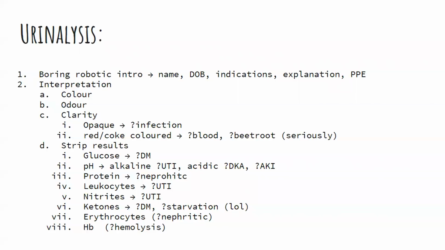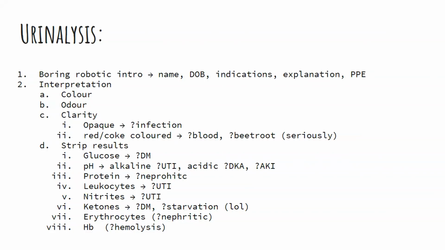I don't really know how that works, but apparently if your urine is more alkaline, then you're less likely to get a UTI, but having alkaline urine is a sign of a UTI. Go figure. And then also just commenting on the fact that they could have ketoacidosis or an acute kidney injury.